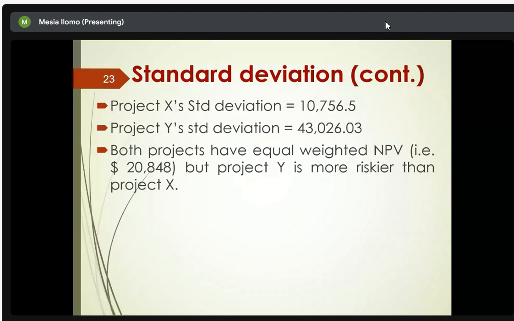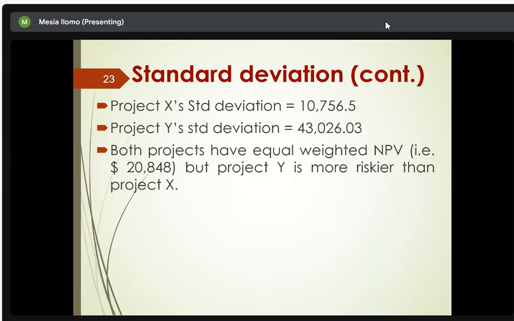If you recall, when I started comparing the two projects, I said there is a big gap from the NPV of the worst scenario, which was negative 40,000, to the most likely, which was 20,848, and then the best case, which was I think 81 something. So the gap was a bit huge, and this is now reflected in the absolute value of risk. So you see, Project Y has a higher value of risk.